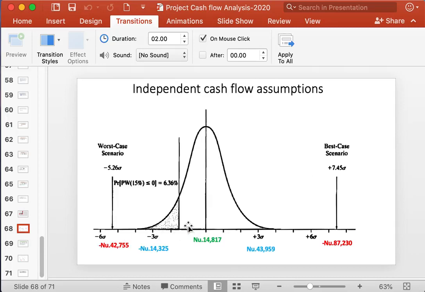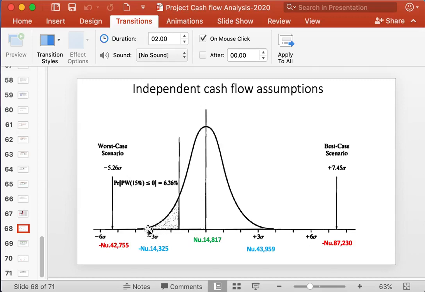as you can see here in this figure. So the probability of net present worth being less than or equal to 0 is 6.36%, which is the area under this curve from here to here. So the probability is from here, this side.